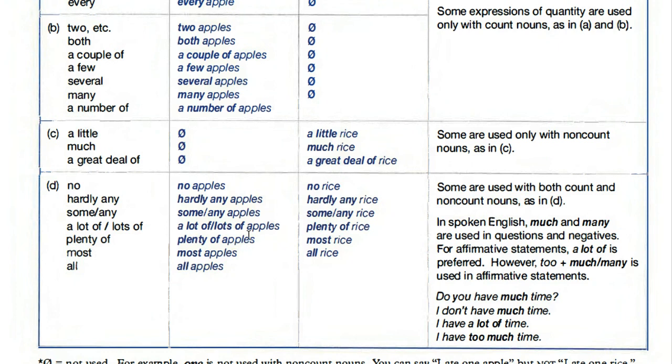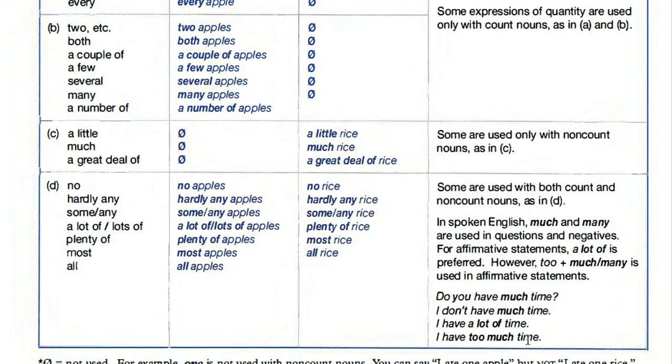That's a good example for the countable and non-countable. But lots of and a lot of, we cannot use with non-countable. So if I ask you whether a lot of and lots of can be used with non-countable, you have to answer me no, or incorrect. We have here: do you have much time? I don't have much time. I have a lot of time.